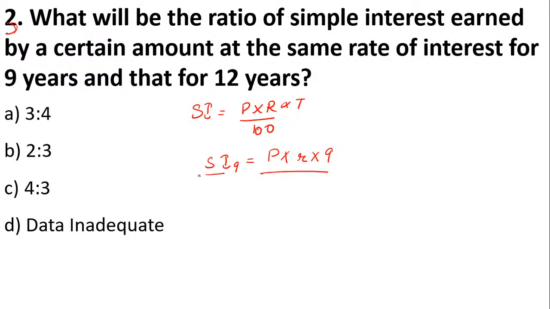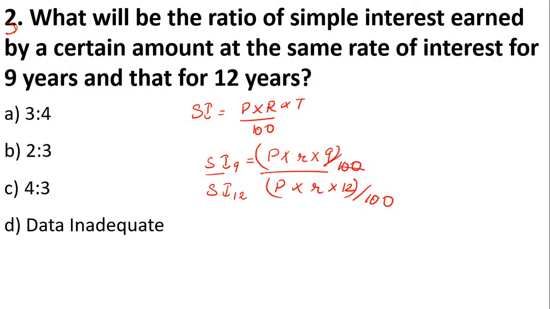What is the meaning of ratio? Ratio is when you divide two numbers. So simple interest for 12 years is P into R into 12 upon 100. In mathematics, when there are two denominators which are common, I can write this way. See, this is a bracket.